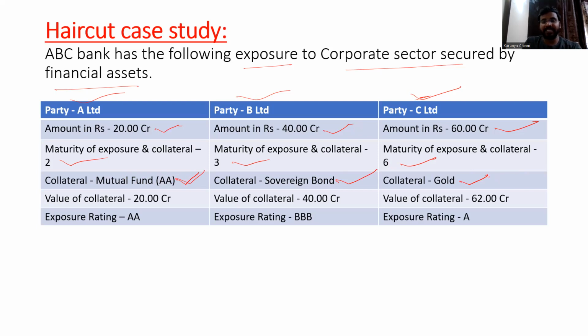Remember, the HC value, the haircut value for collateral, is 15% for gold, 2% for sovereign bond, and 4% for mutual fund. These values are according to Basel suggestions. In India, our banks follow these supervisory guidelines of Basel. Then this is the mutual fund collateral value, this is the sovereign value, and this is the gold value, 62 crores.